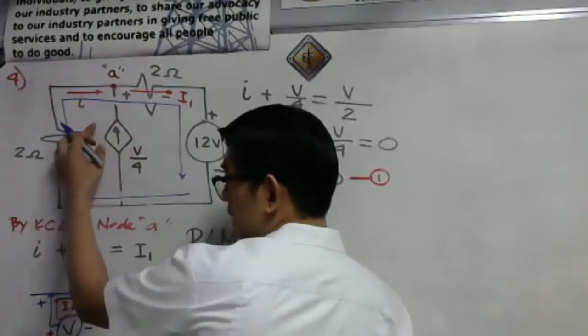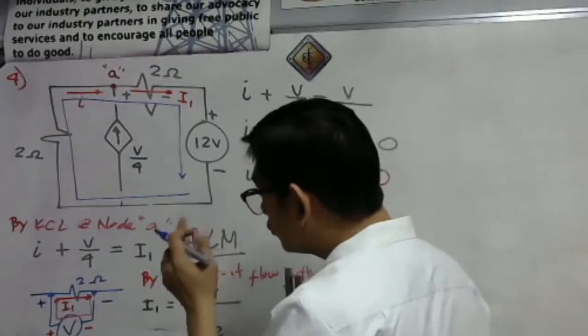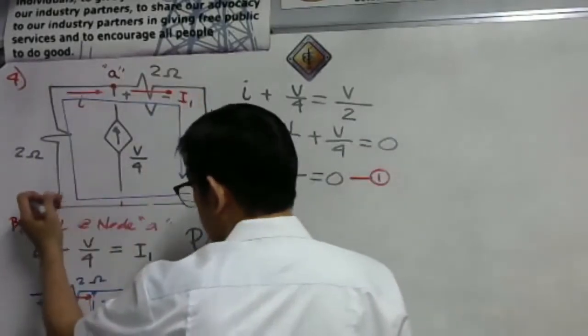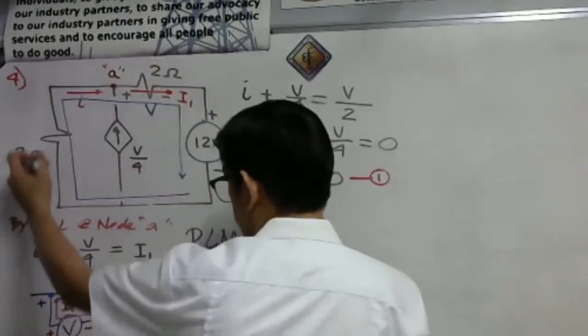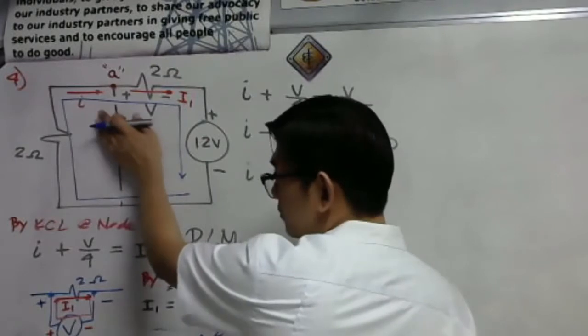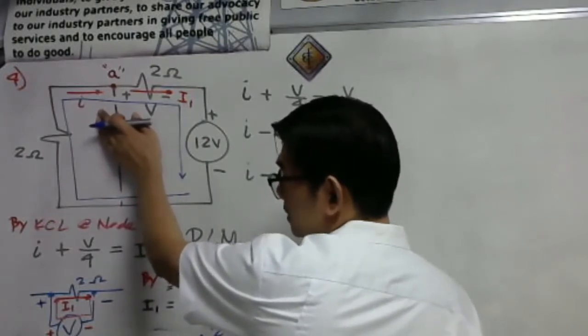You are thinking that it is removed from the circuit. You are only thinking of this external circuit, this one complete loop. Let us forget the current source for the meantime.